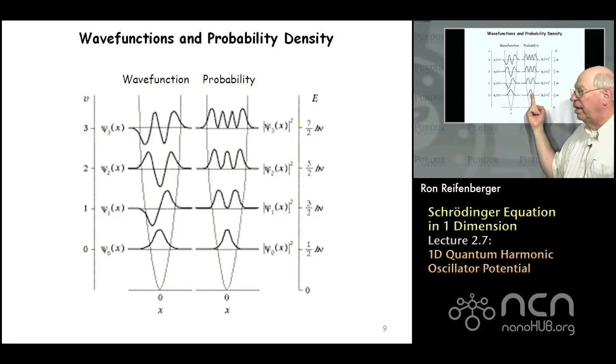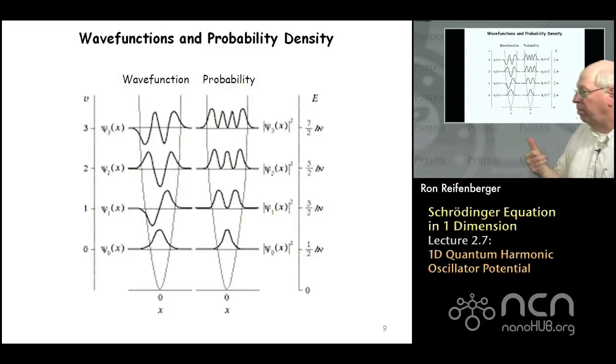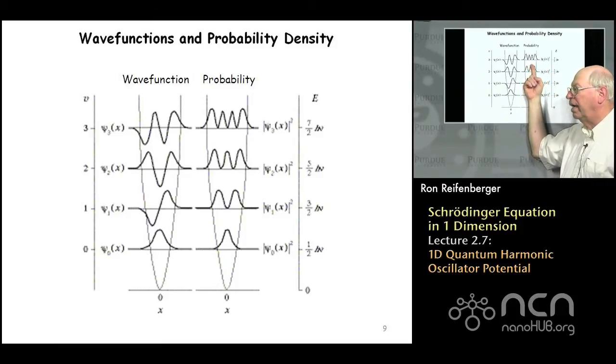You can see that for some of these higher order quantum states, there are regions, or specific values of x, where the probability goes to 0. That's because the wave function, in fact, has a 0 crossing at those points. So if you did an experiment, put a particle in a harmonic quantum well, and you put it, let's say, in the n equals 3 state, there would be 0 probability that you would find that quantum particle at certain locations.